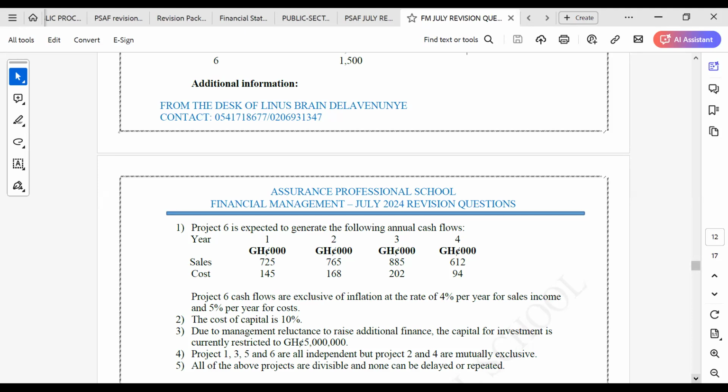So something is causing the capital rationing, or the inadequate funds, but that particular thing is due to the activities of the company itself, which is the soft one. Soft rationing is within the organization, which is internal. We also have the hard one, which is external.